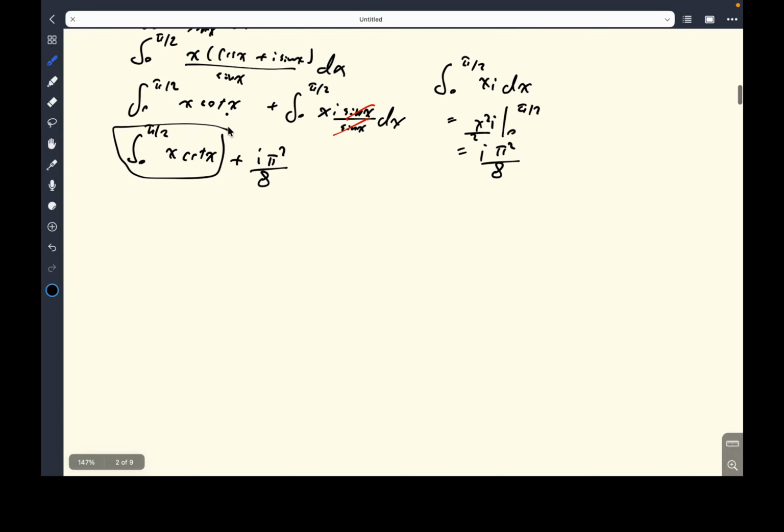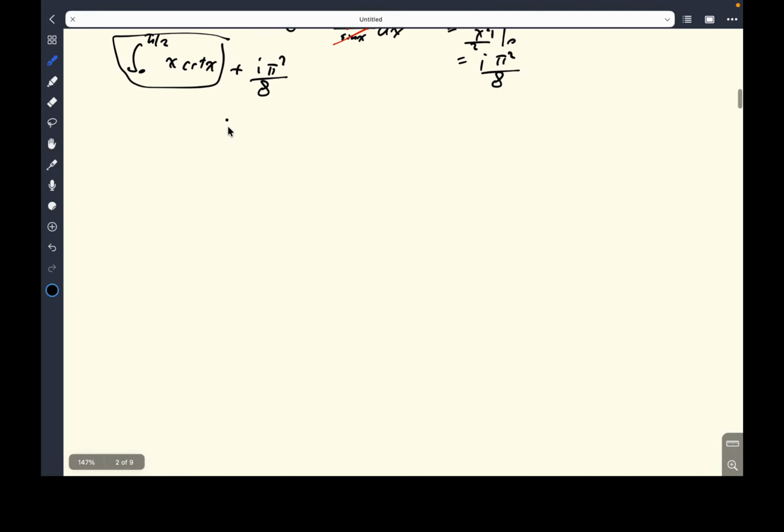For this, I'm going to use Feynman's technique, and for that I'm going to call f of a the integral from 0 to pi over 2 of arctan of (a tan x) over tan x.